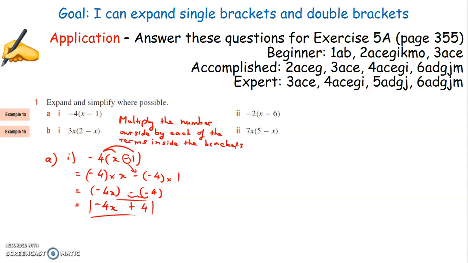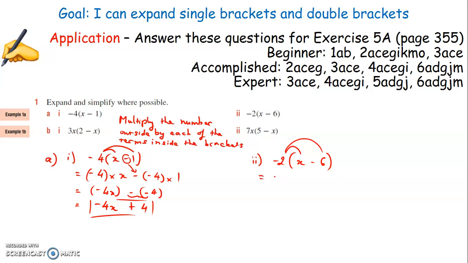Next is a(ii), and we have negative 2 multiplied by (x minus 6). Similar thing to before. We're going to multiply the number outside, negative 2 here, by each of the terms that are inside. So negative 2 times x, and then negative 2 times the minus 6.